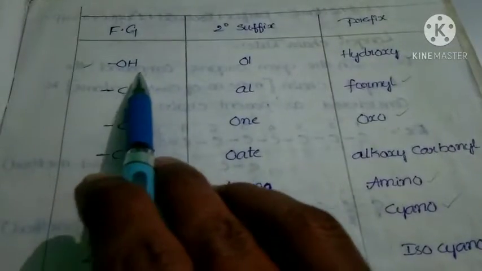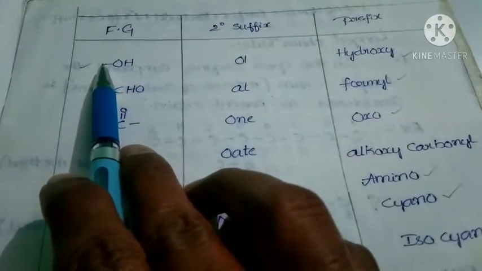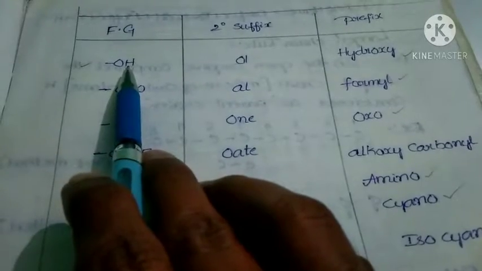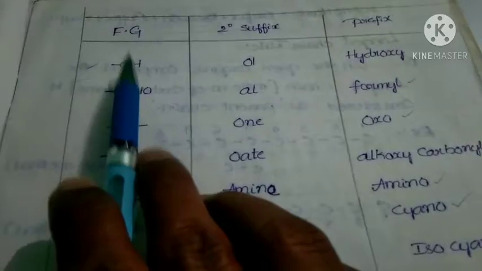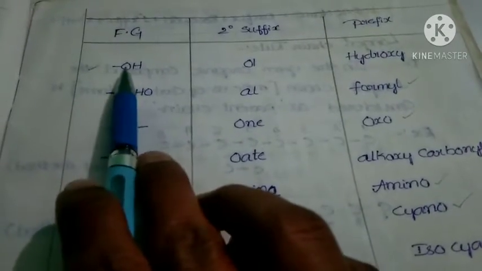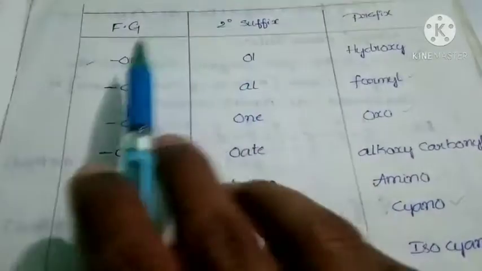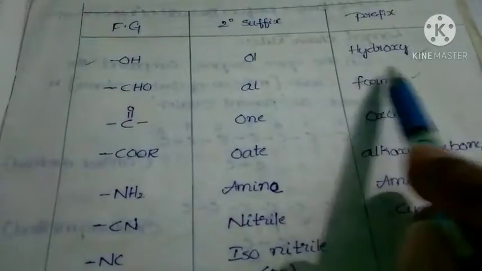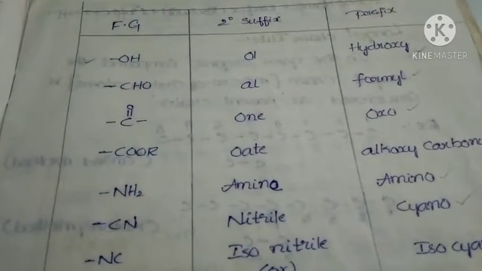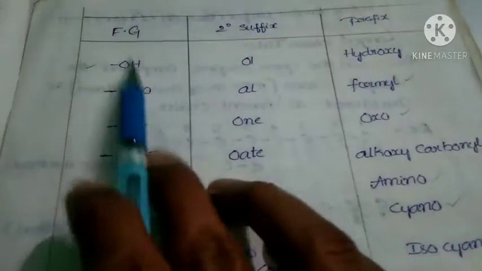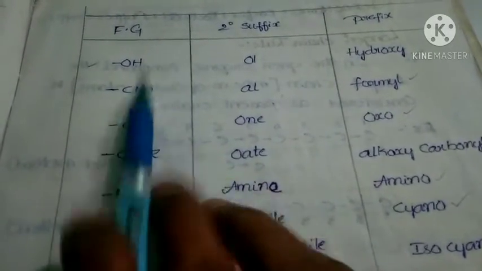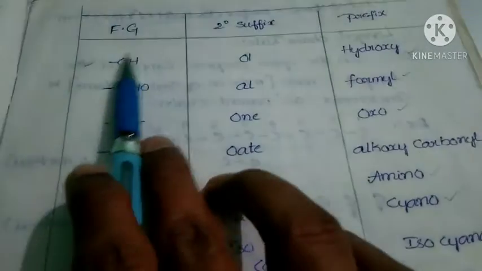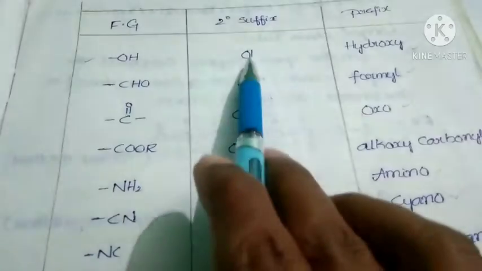Suppose this OH group is present as a prefix, that is, as a substituent, then that OH group should not be called ol. It should be called hydroxy. I repeat this point, listen carefully. If only the OH group is present in a given organic compound along with carbon and hydrogen atoms, then that OH group is considered as secondary suffix, and that OH part should be called ol.